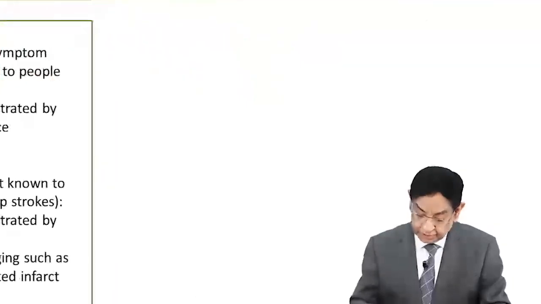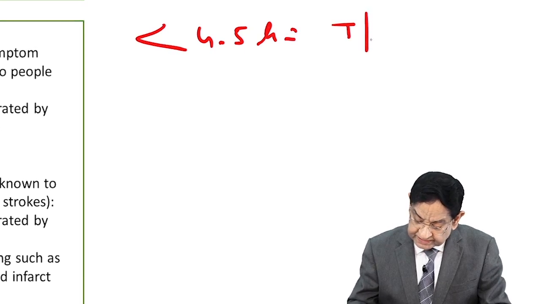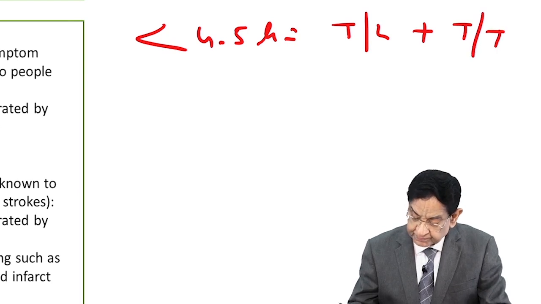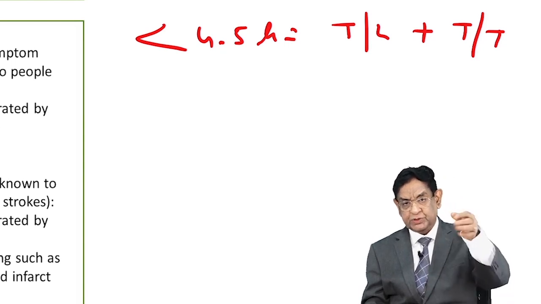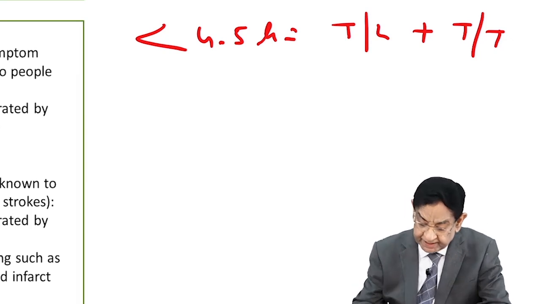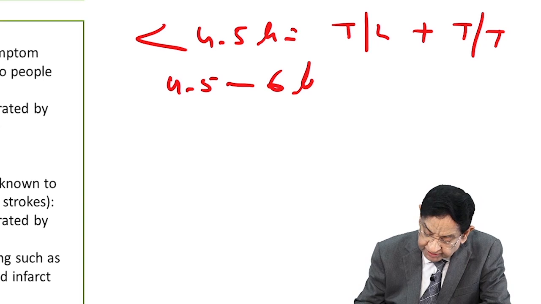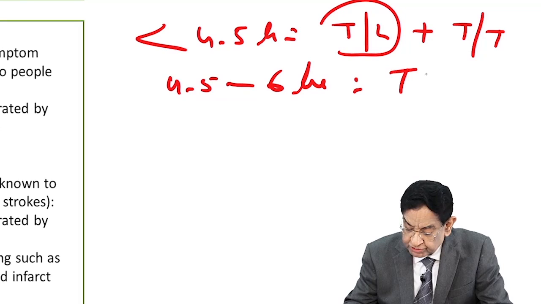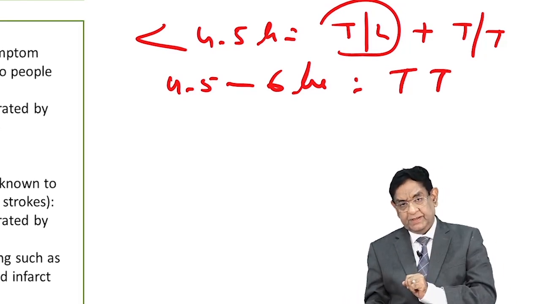So point to be noted, if he comes before 4.5 hours, thrombolysis plus thrombectomy, both you will do. But if he comes between 4.5 to 6 hours, the window period for thrombolysis is gone, then you do only thrombectomy. Only thrombectomy. Okay?